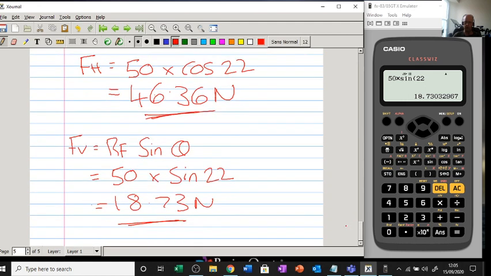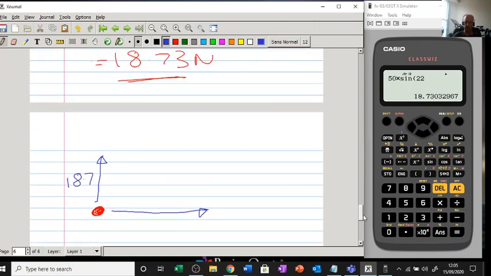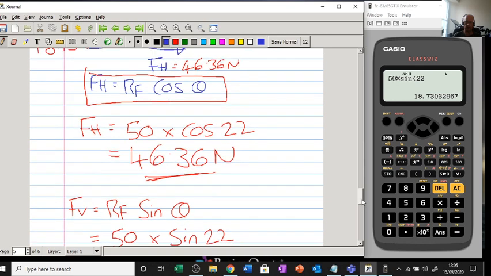So what that really means is this. If that was an object, and you pulled it in this direction, and you pulled it in that direction, if you pulled it up, that's about 18.7, and you pulled it horizontally, 46.